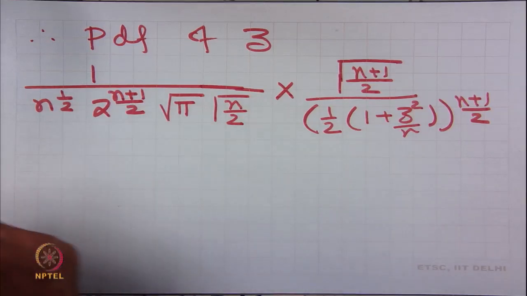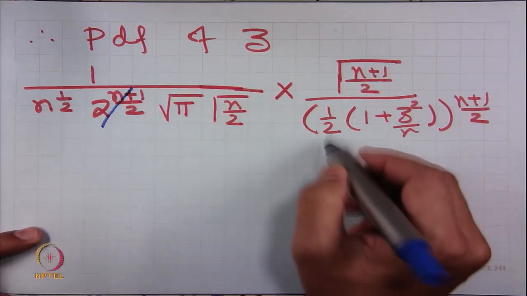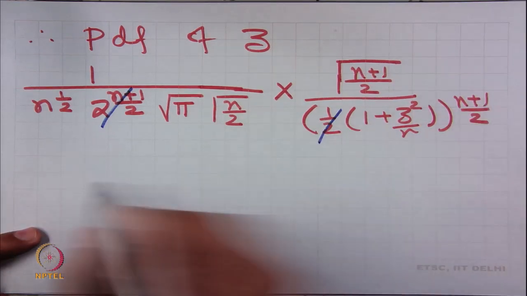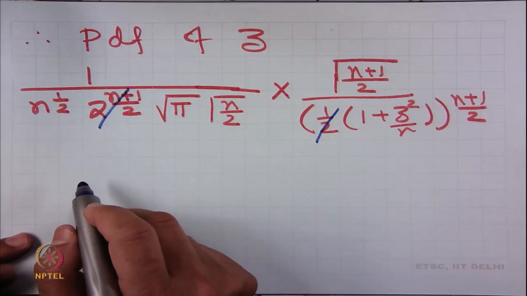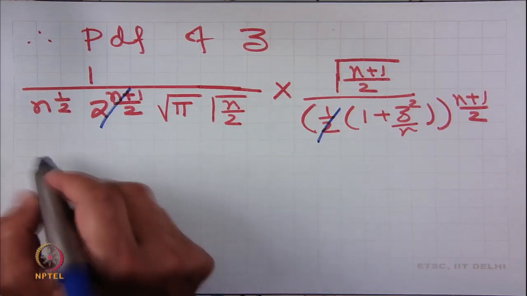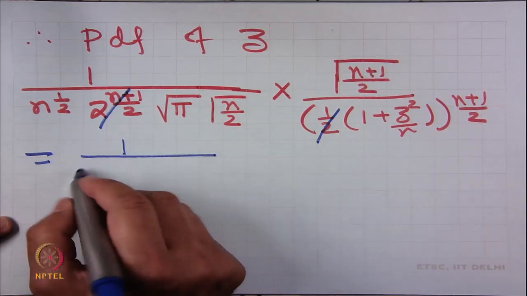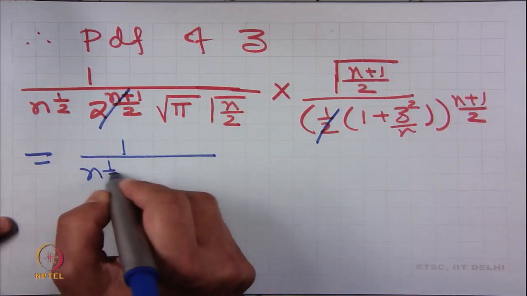This 2 to the power n by 2 cancels with this 2 to the power n plus 1 by 2. Therefore, what we obtain is n to the power half.